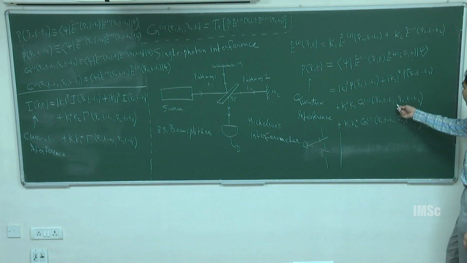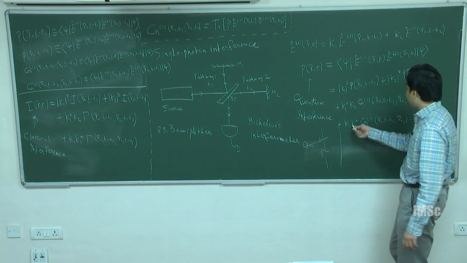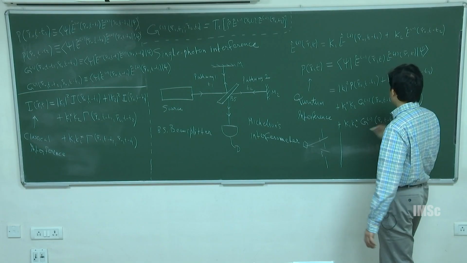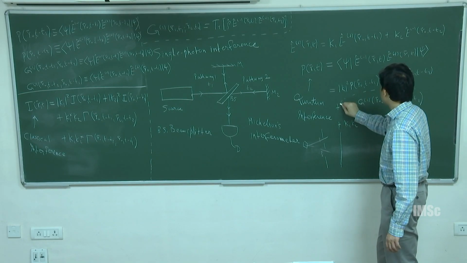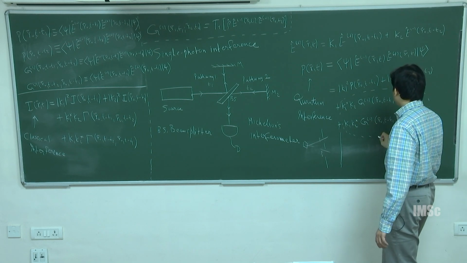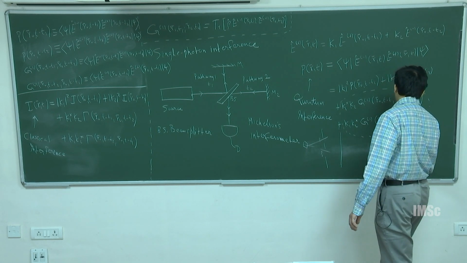Yes, this is the second term, K1, K2 star times this one, which is the complex conjugate of the first one. This dotted box is the interference term.